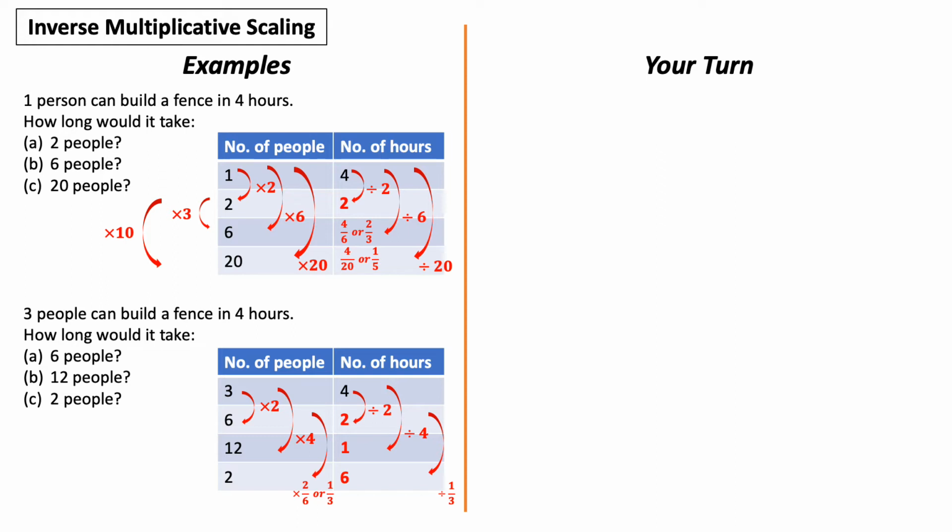Now finally, to go to 2, so I've gone from 6 to 2 and I have multiplied 6 by 2 over 6, and that simplifies to a third. Therefore, to get from the number of hours for 6 people to the number of hours for 2 people, I've divided that by a third, and that gives me 6.